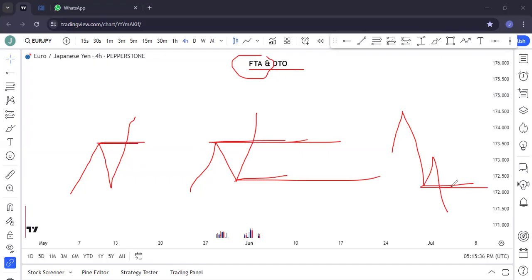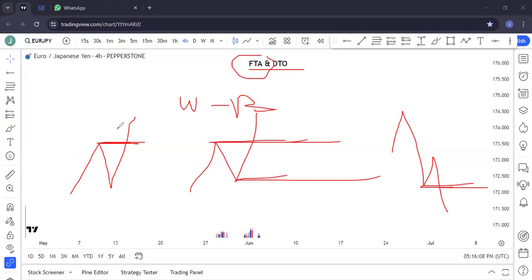This is what we are going to use FTA for. Now, we know that we use wick to body breakout. This is our main principle. We use wick to body breakout. So if we find a structure break like this, we find the body that has broken this high.